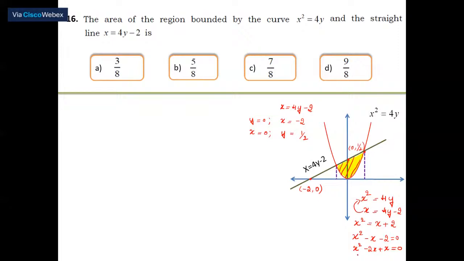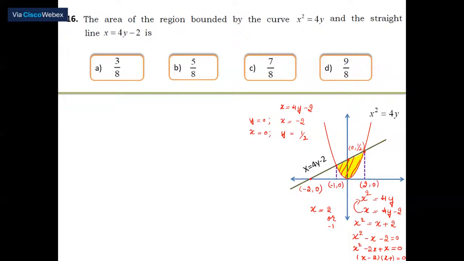So the factors are x minus 2 and x plus 1. So from this, the values of x are 2 or -1. Therefore, the points on the x-axis are -1, 0, and 2, 0.